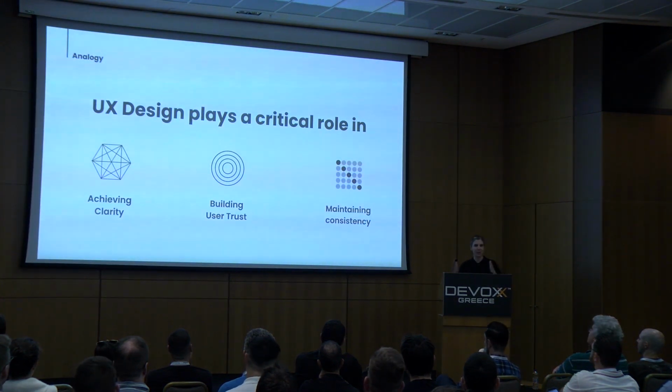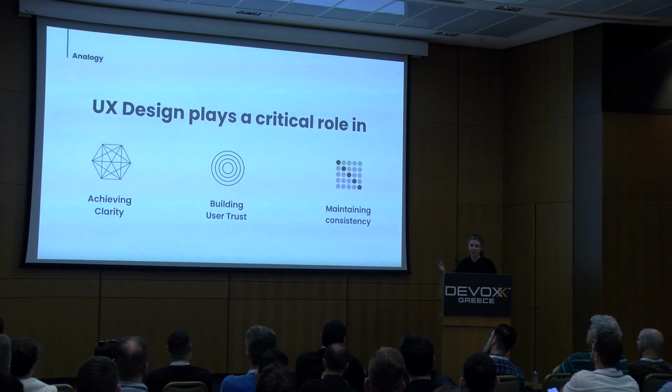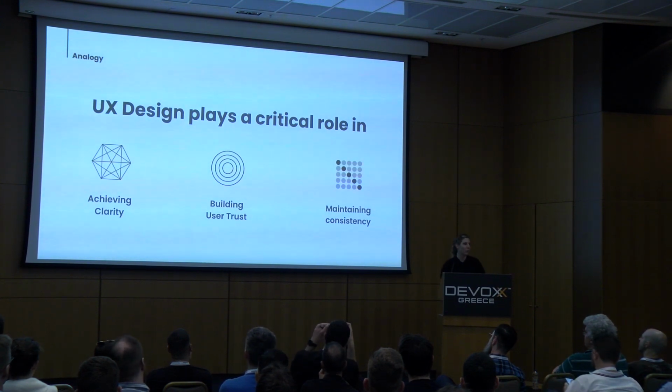So similarly to a conductor that makes sure that each instrument contributes in a seamless way, UX design plays a critical role in 3 areas. And number 1, achieving clarity, building user trust, and maintaining consistency within your monitoring excellence.